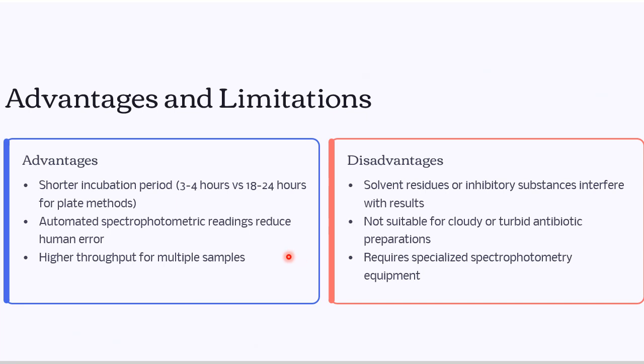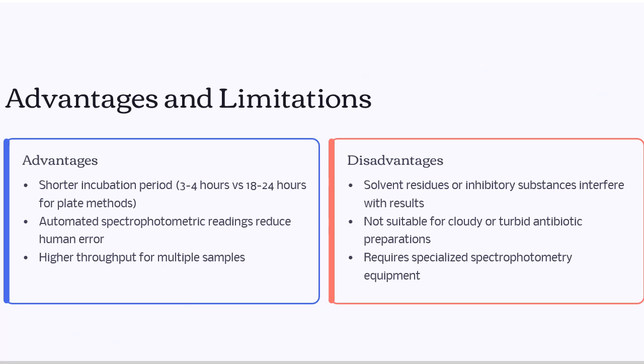Then the advantages and limitations of the turbidimetric method. The advantage is a shorter incubation period, 3 to 4 hours, whereas in the cup plate method we require 18 to 24 hours for the result.